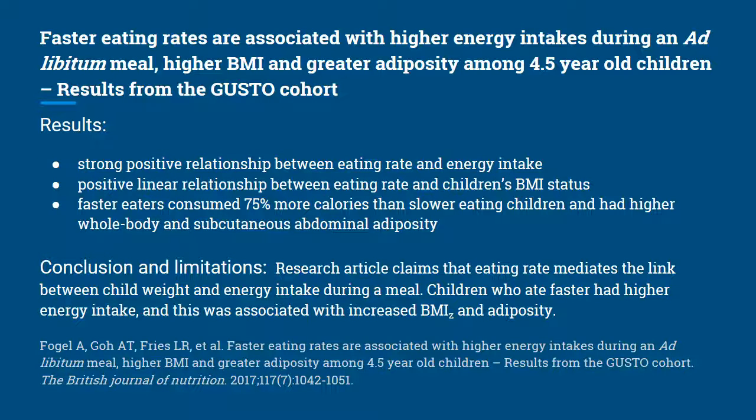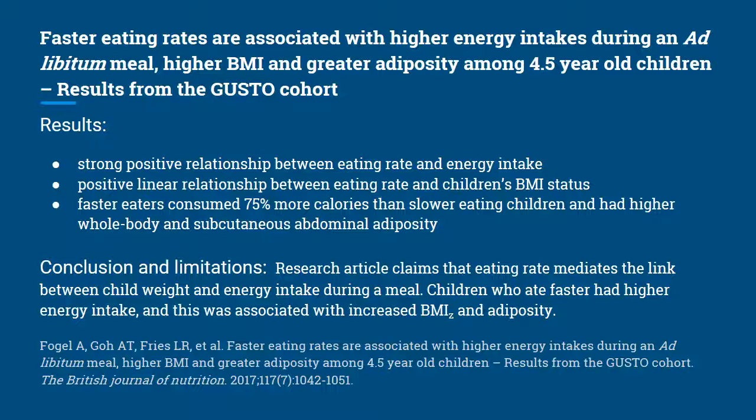The results of this study include a strong positive relationship between eating rate and energy intake. It showed a positive linear relationship between eating rate and children's BMI status, as well as showed that faster eaters consumed 75% more calories than slower eaters, and they had higher whole body and subcutaneous adiposity in their abdominal region.